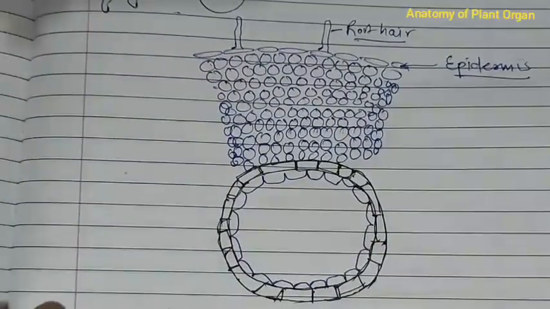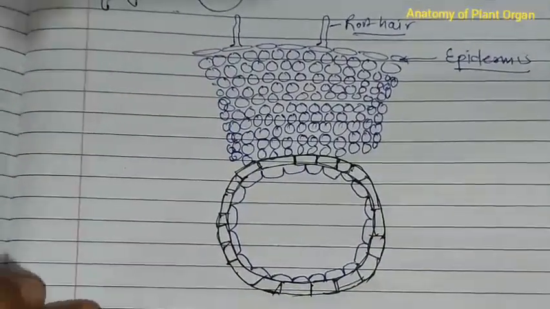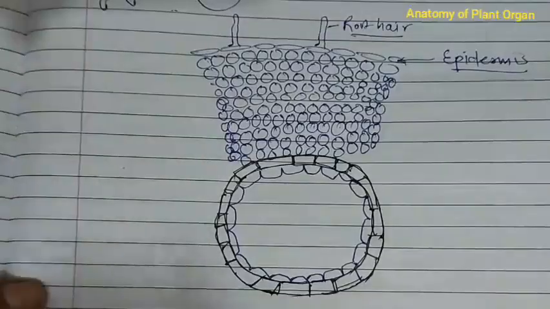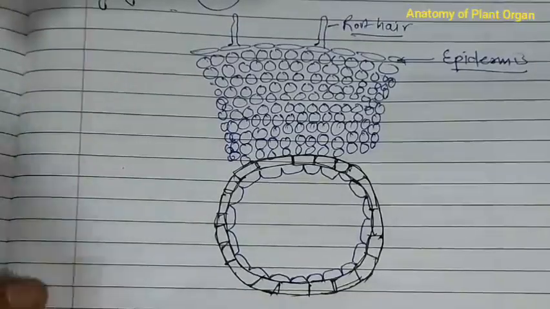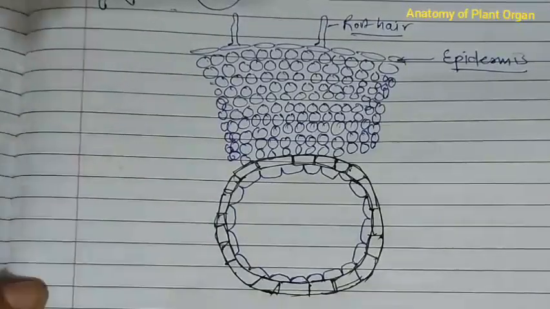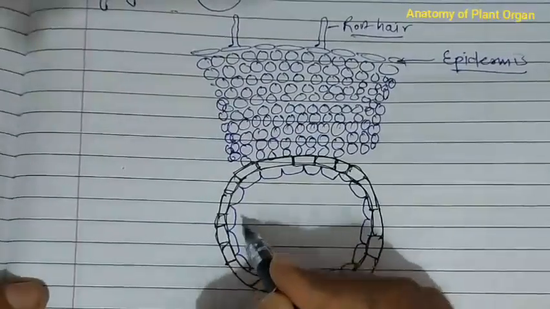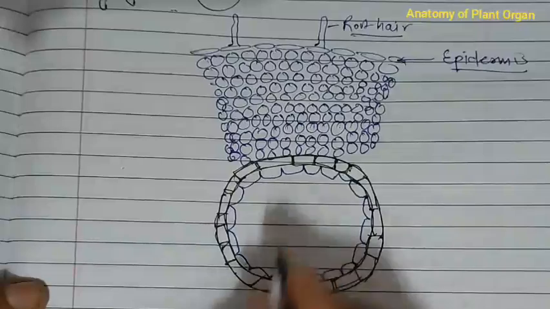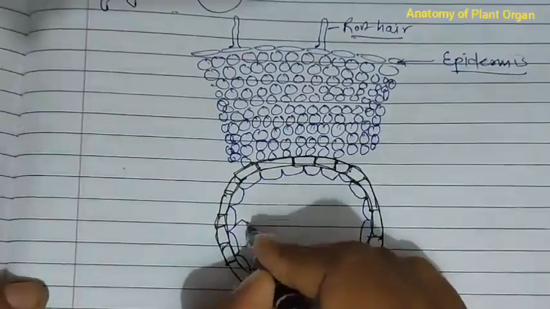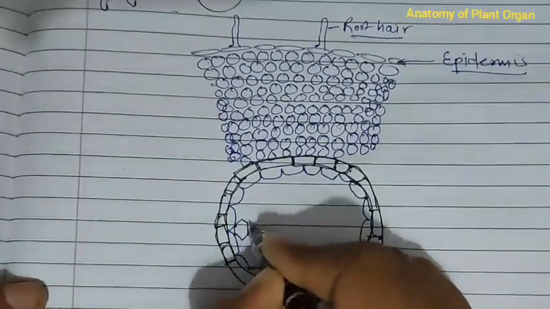Now inner to pericycle we find the vascular bundles, and in vascular bundles we find primary xylem in radial arrangement. Now in root, the xylem shows exarch condition, so protoxylem are towards the periphery.